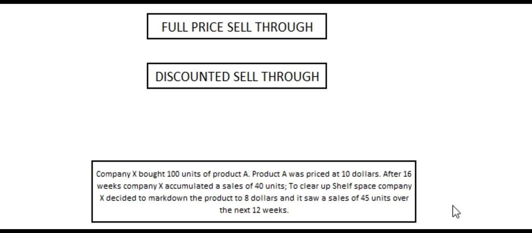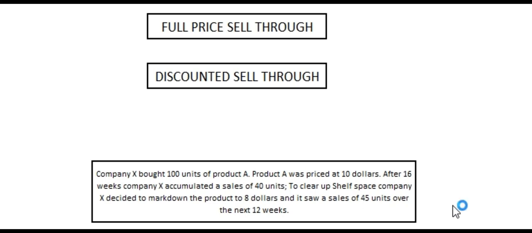After 16 weeks, company A accumulated 40 units of sales in product A. Given that the sales were slow and the company wanted to clear up shelf space, they decided to put a markdown on the product. The product was marked down to $8. And after the markdown, it saw a sales of 45 units. However, this was over a 12-week period.